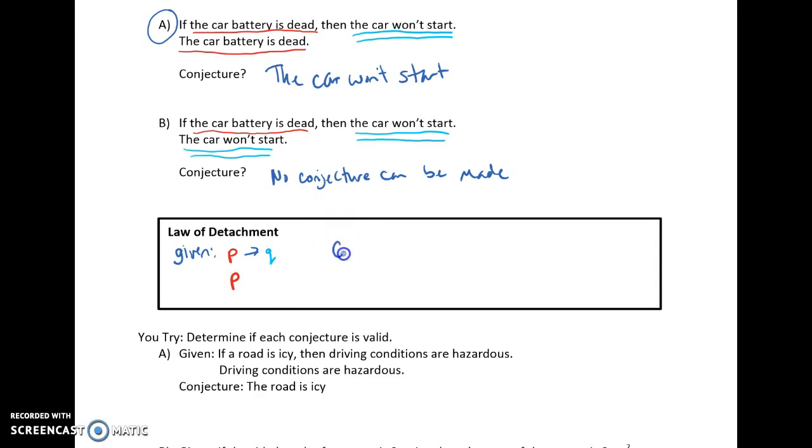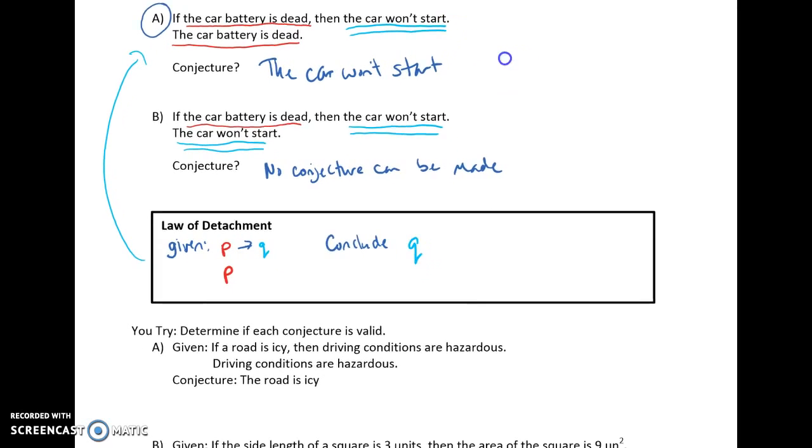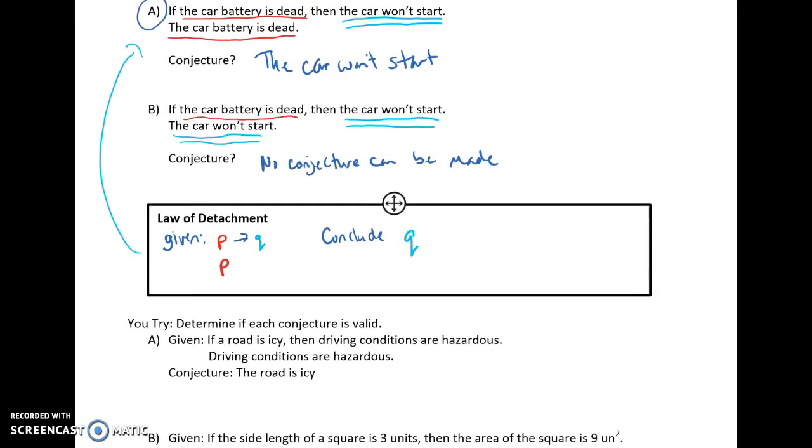Then we can conclude as our conjecture that Q will also happen. Okay? So again, that's back to that A up there, right? We're given if a car battery is dead, then the car won't start. And then we're told, hey, this car battery is dead, or, you know, Miss Huang's car battery is dead. What's going to happen? Well, her car won't start, right? But we can't conclude anything if we're given Q instead of P.